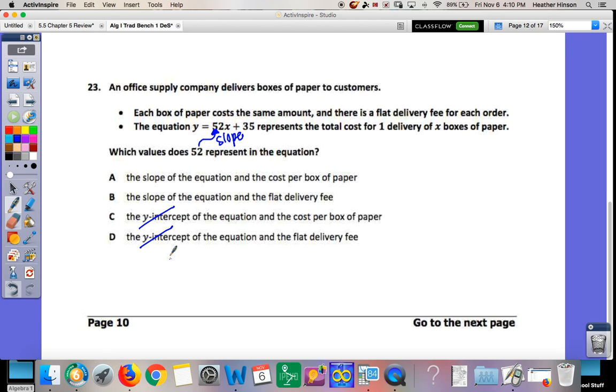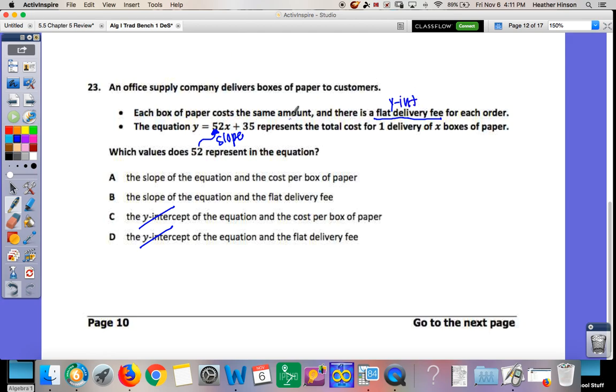What is the slope here? Go back to the first bullet point. Each box of paper costs the same amount, and there's a flat delivery fee for each order. Which one of those is your slope? A flat fee is your starting amount. That's your y-intercept.